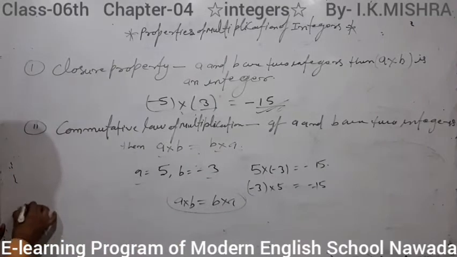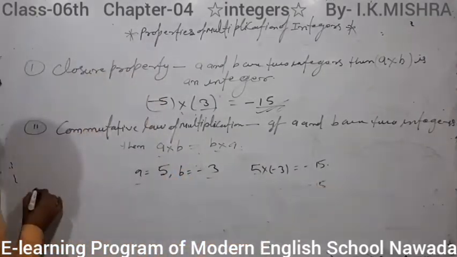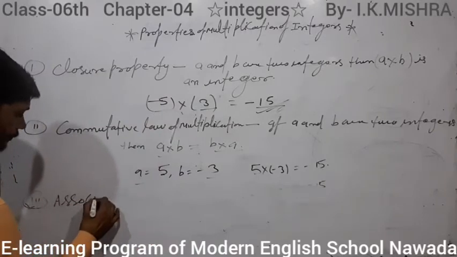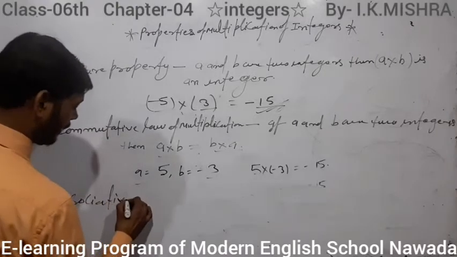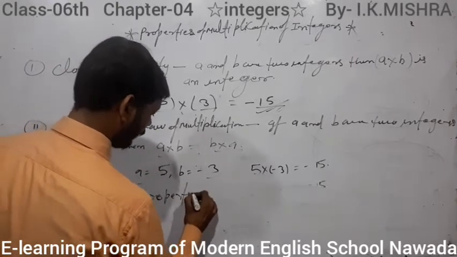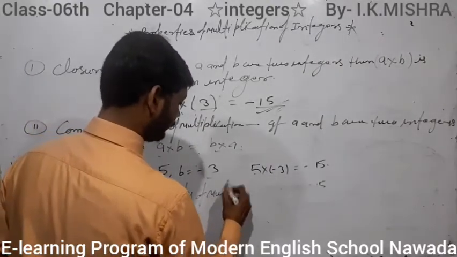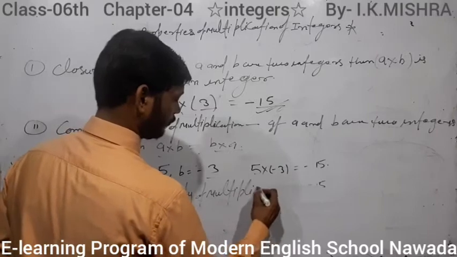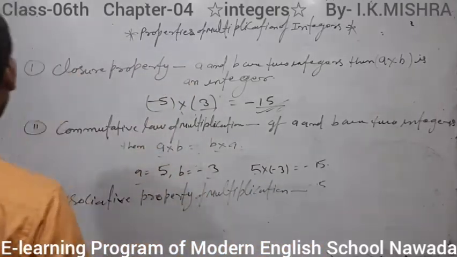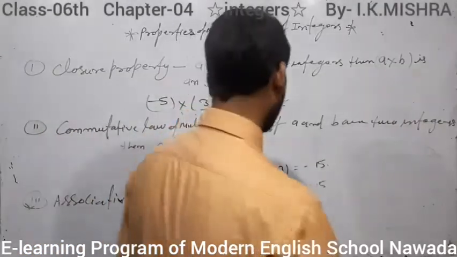Here, third number property: associative property of multiplication. Students, here you have to write the associative property of multiplication.